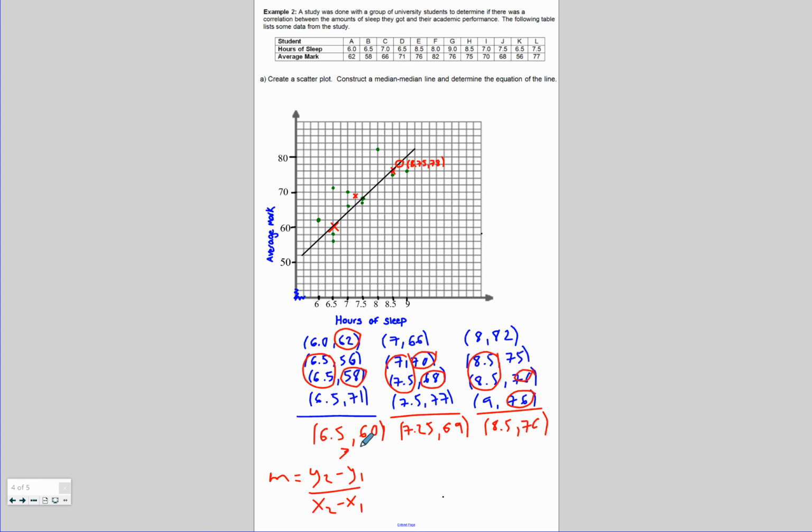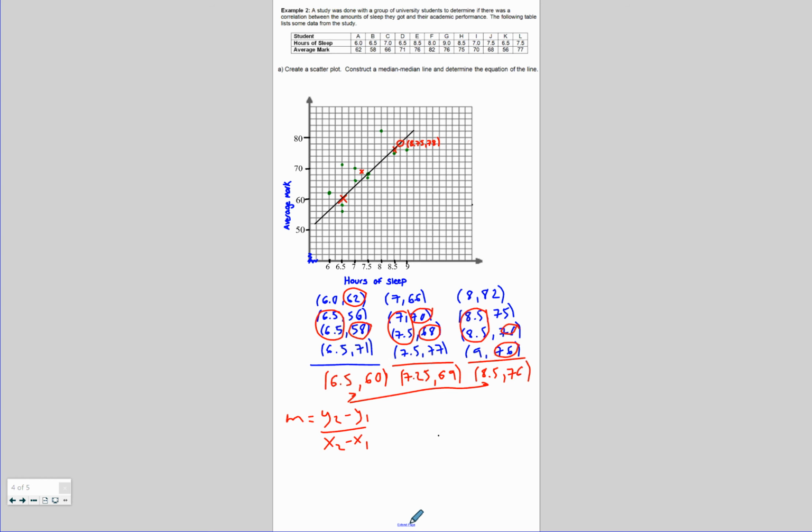I have to use my median 1 and median 3 for these. So I'm going to do 76 minus 60 over 8.5 minus 6.5. So I get 16 over 2, which is 8.